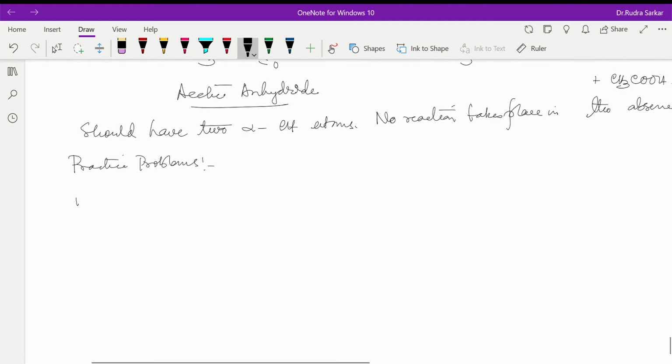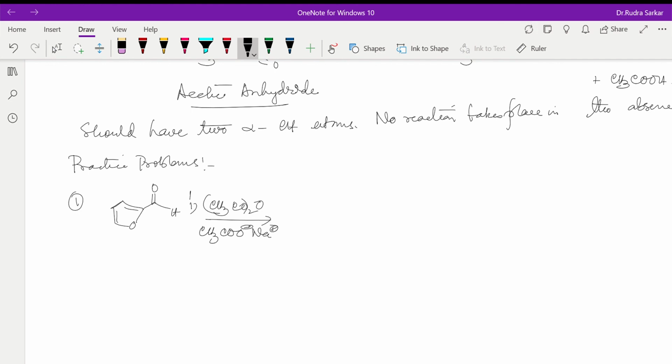Alright, so number 1, here I have given you furfural, and we are treating furfural with acetic anhydride in presence of sodium acetate, followed by workup.